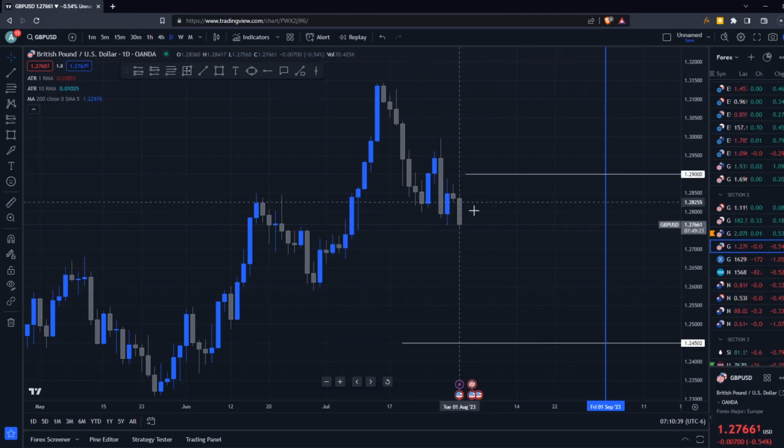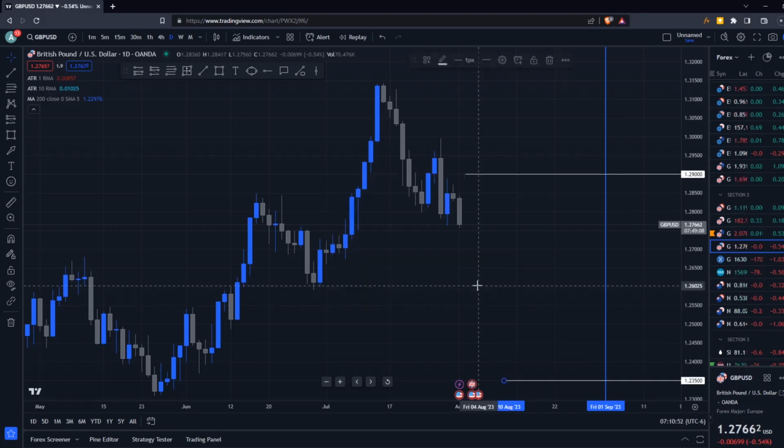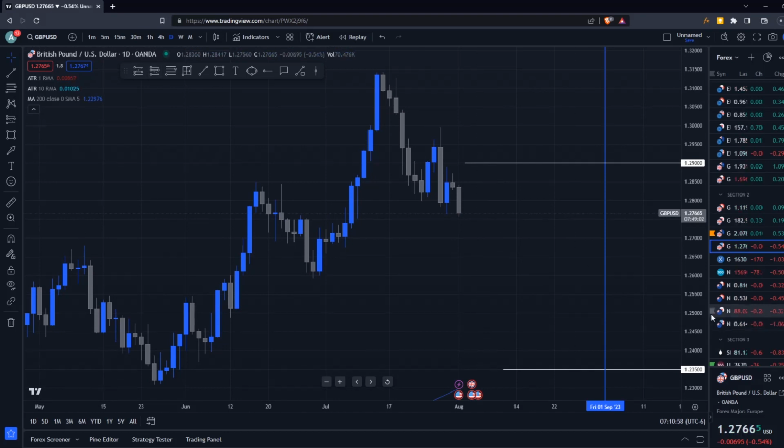You can see this daily is already breaking this recent low here. So 129 and 123.5 would be 550 pips.